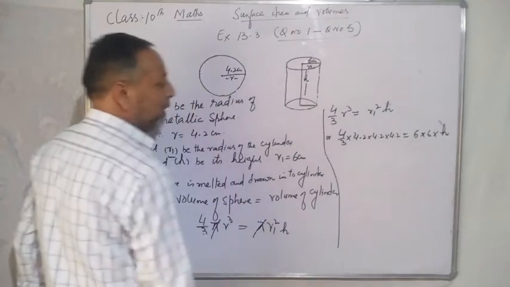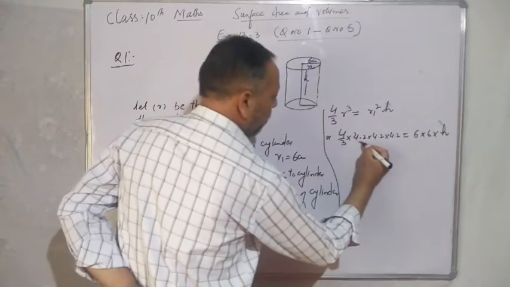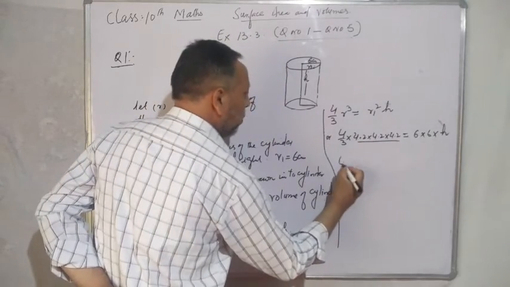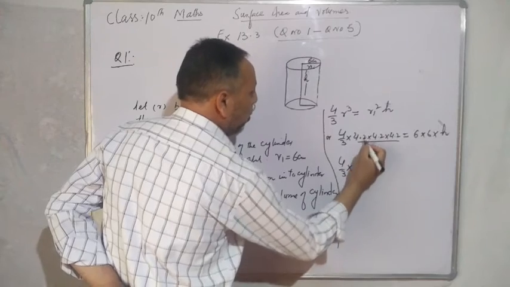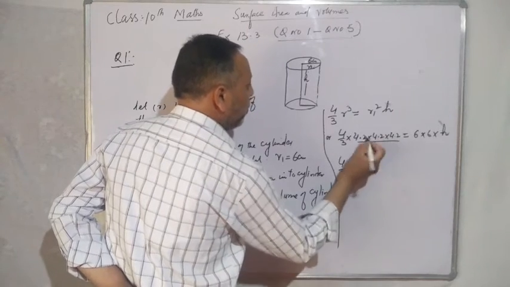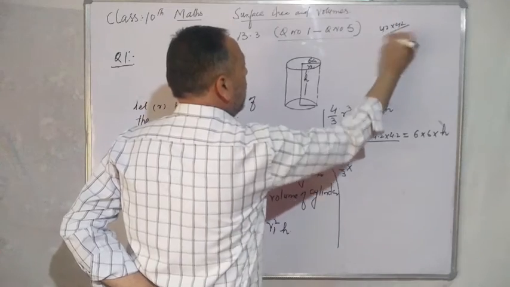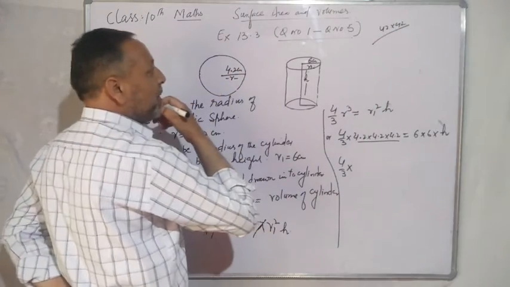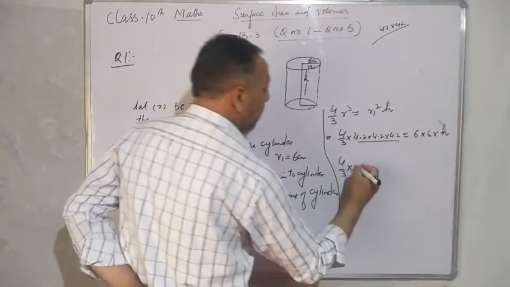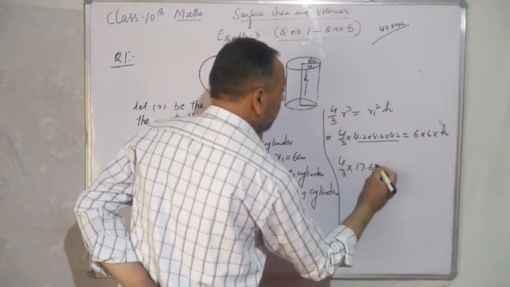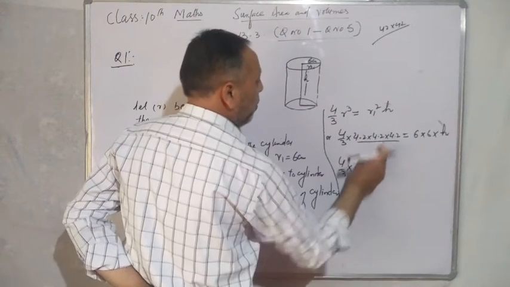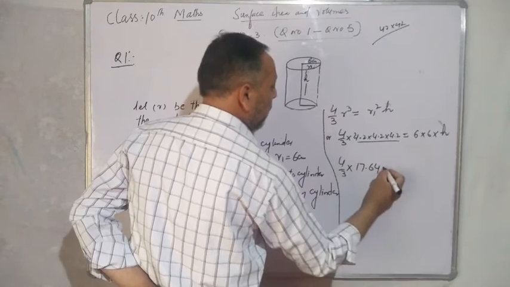Height we have to find. So it is 4 by 3 into 4.2 into 4.2 into 4.2. 4.2 into 4.2 is 17.64.